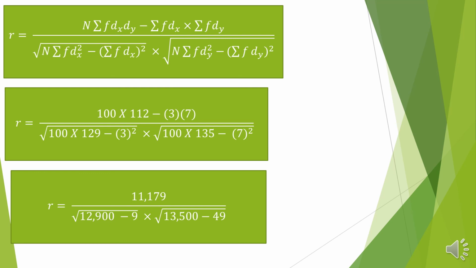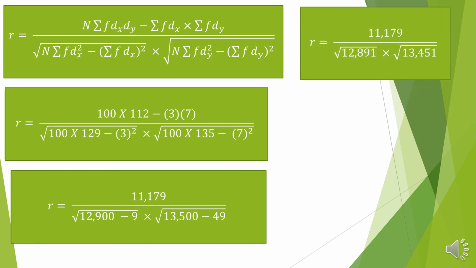So 100 into 112 minus 3 into 7 is equal to 11,179. Divided by 100 into 129 is equal to 12,900, 3 square is equal to 9, into square root of 100 into 135 is equal to 13,500 minus 7 square is equal to 49. So next step, 11,179 divided by square root of 12,900 minus 9 is equal to 12,891.